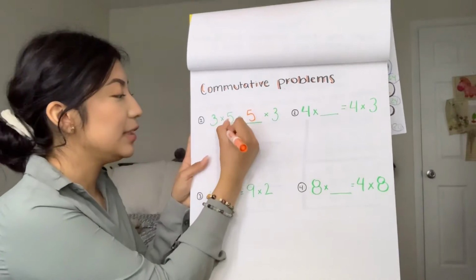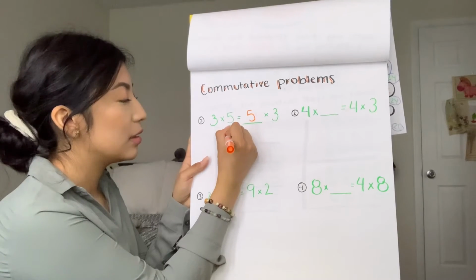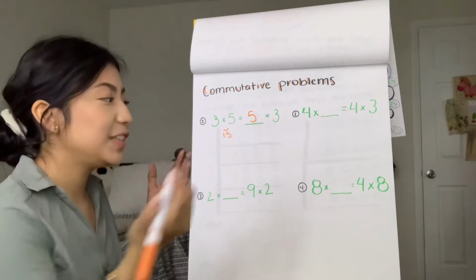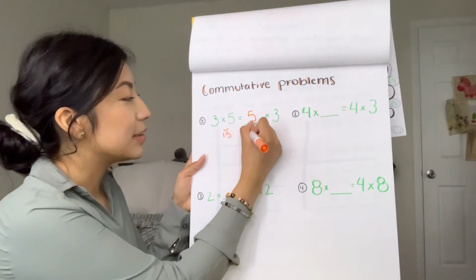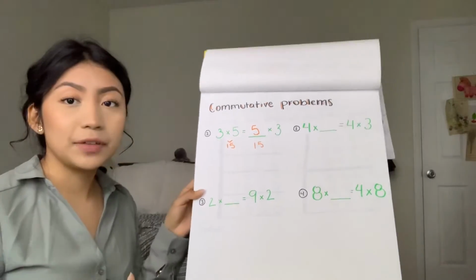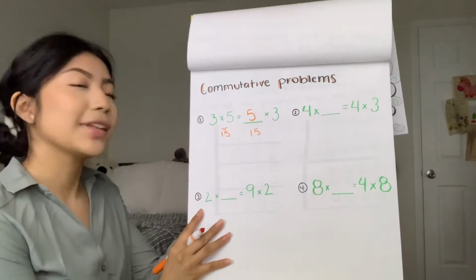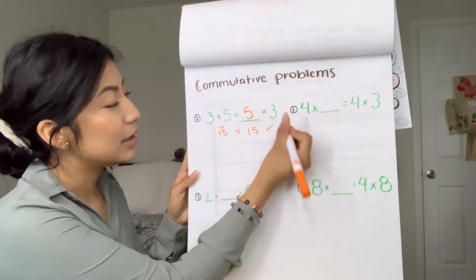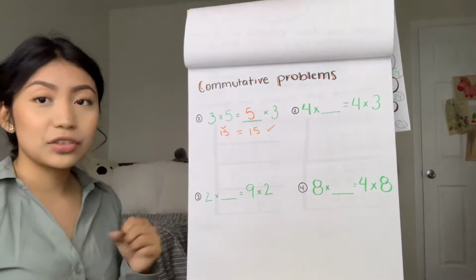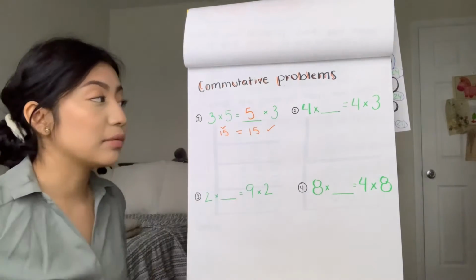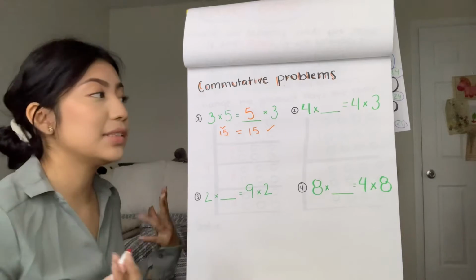Yes, 15. And what's 5 times 3? 15. Yes. So is 15 equal to 15? Yes, it is. All right, so that means the check is just to show that it is equal. But you guys see how it didn't matter how we wrote out our equation, it still was the same thing.